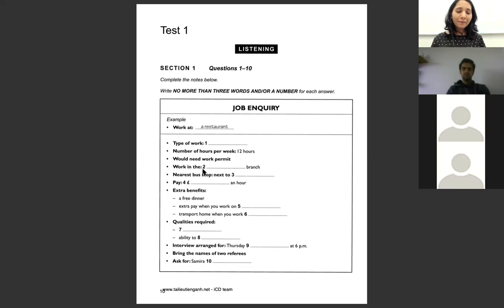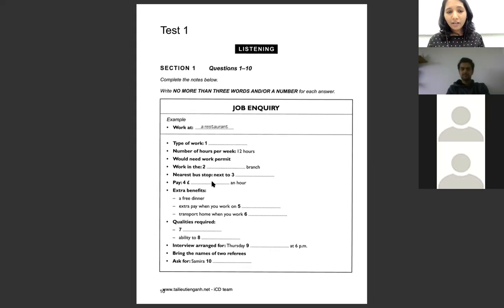If you look at the second blank, work in the dash branch. We know that some kind of location is what we are listening for. This method will help us listen exactly for that detail and not miss out details. This is called prediction, where we predict what answer is coming.